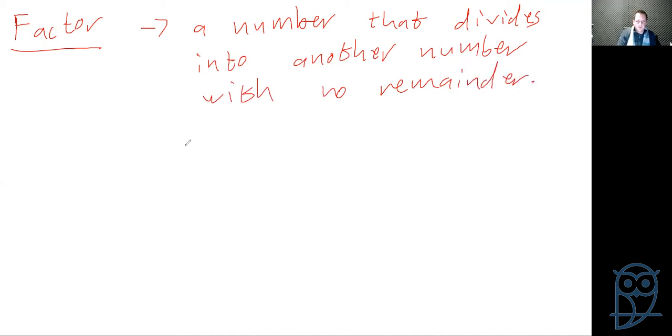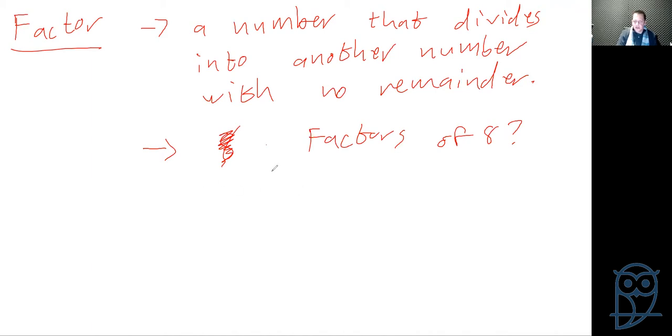So for example, if I take the number 8 and I want to find out what are the factors of 8, I'm saying what numbers divide into 8 without a remainder?